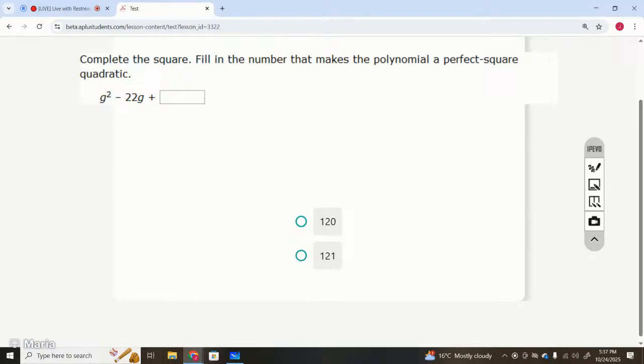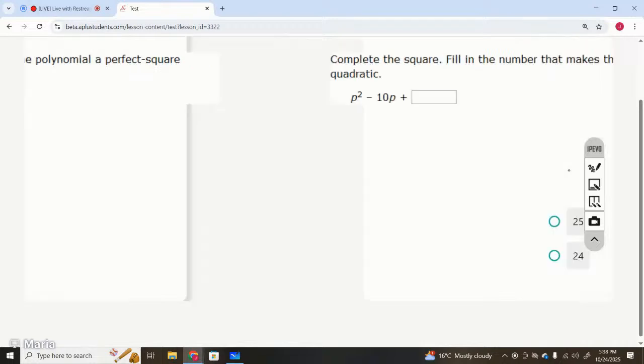G square minus 22g plus the missing number. That is 121.